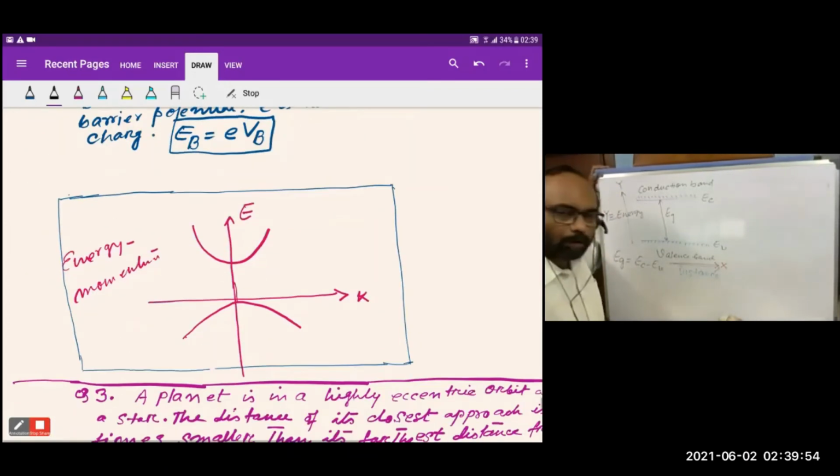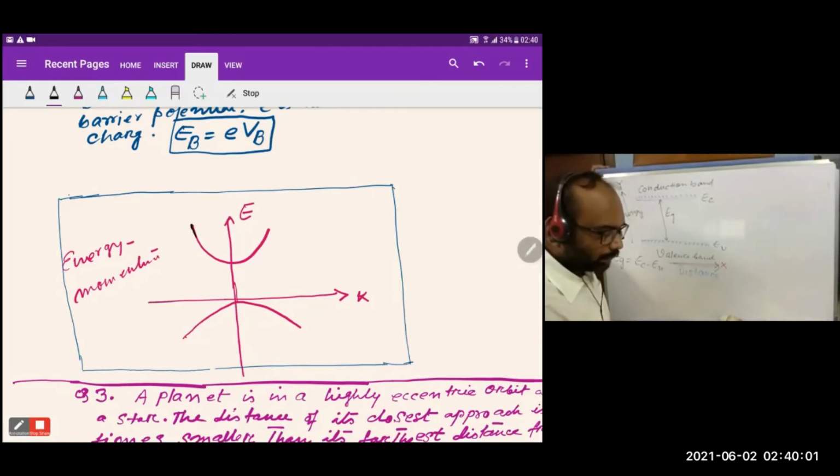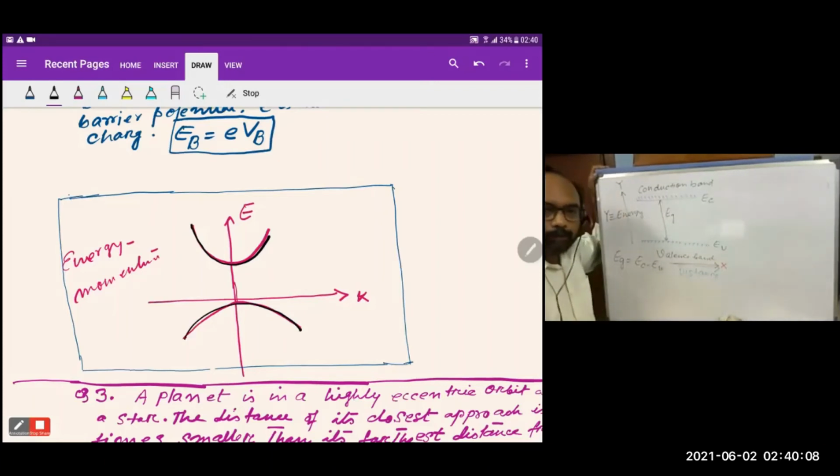When we draw the band diagram like this, these are the bands, and another band is this way. We plot energy E as a function of momentum K, basically P, which is h cross K, or K equal to 2 pi by lambda, and depending on the distance, it is 2 pi by a, something like that, using Bloch theorem.